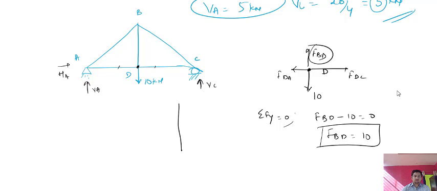So this member will be B and this will be D. The forces are going away from the joint. When the forces are going away from the joint, that means it is a tensile load. So you can also write down here, tensile. I hope this point is clear, how you will proceed in the case of trusses when you are applying the method of joints.